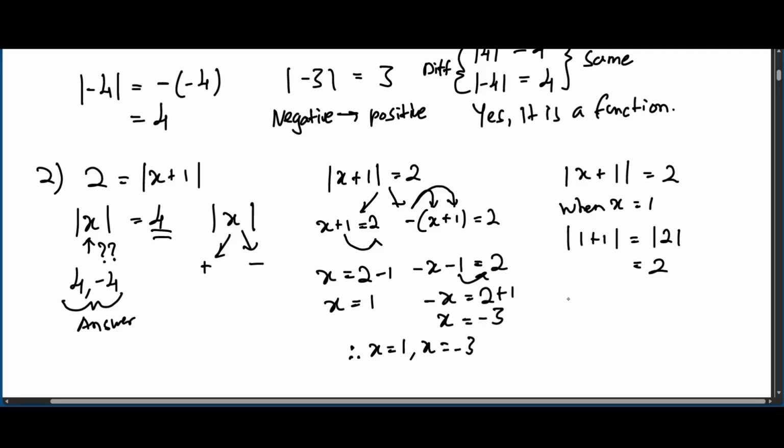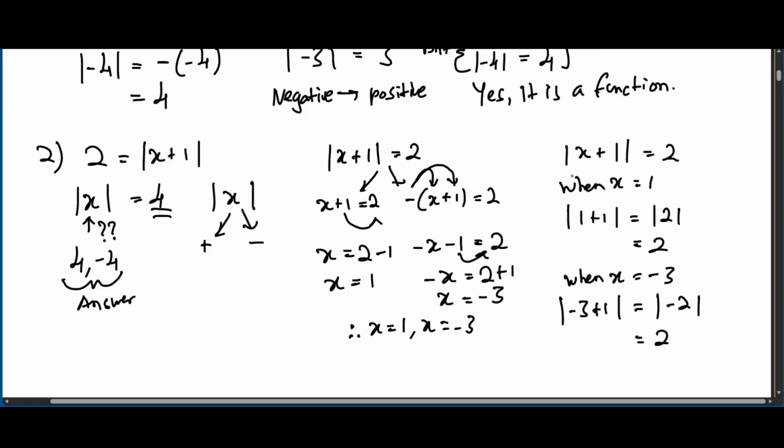What about when x is negative 3? When x equals negative 3, modulus negative 3 plus 1. Negative 3 plus 1 will be negative 2. Modulus negative 2 will give you, yes, 2. And there you go.